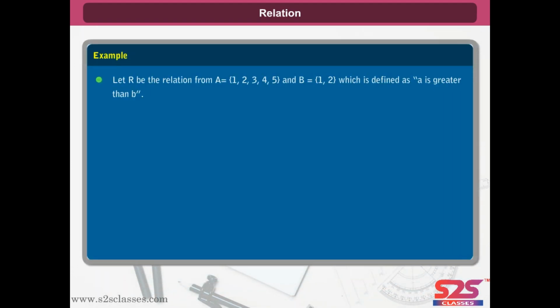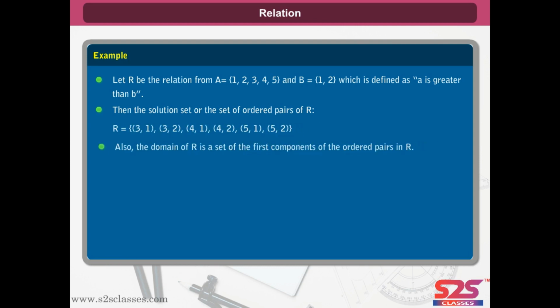Look at this example. Let R be the relation from A to B, which is defined as a is greater than b. Then the solution set or the set of ordered pairs of R is as shown. Also, the domain of R is a set of the first components of the ordered pairs in R. So, the domain is a set of 3, 4, and 5.